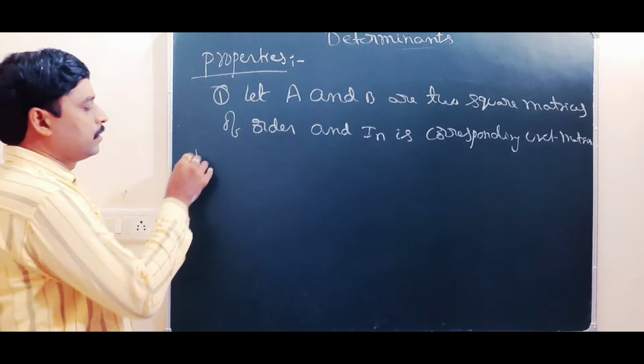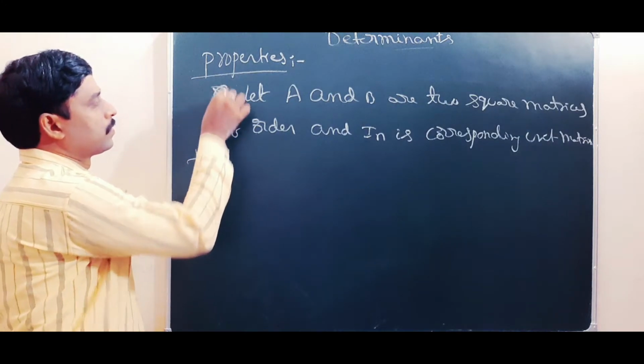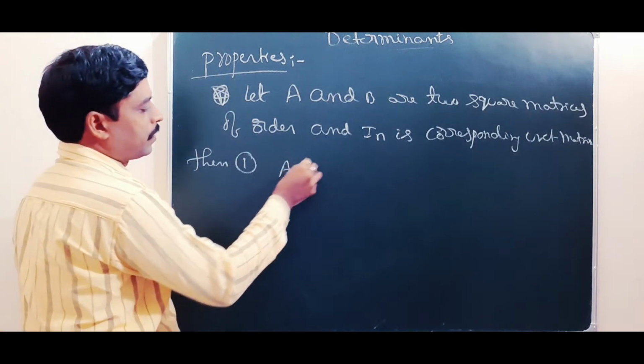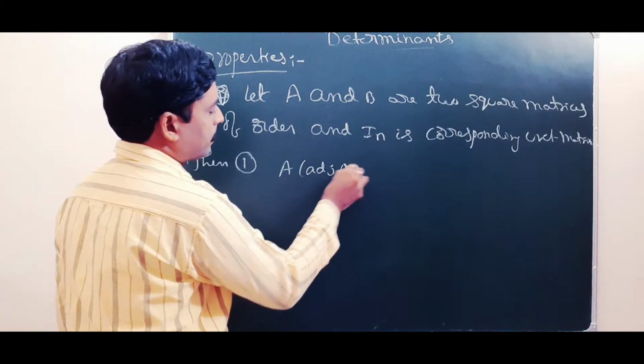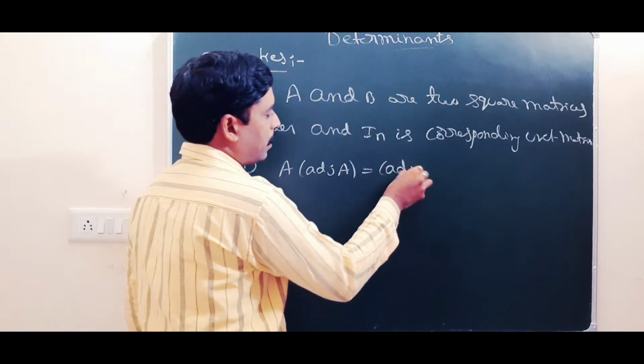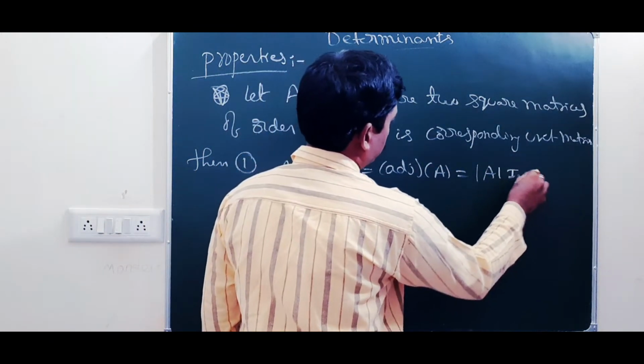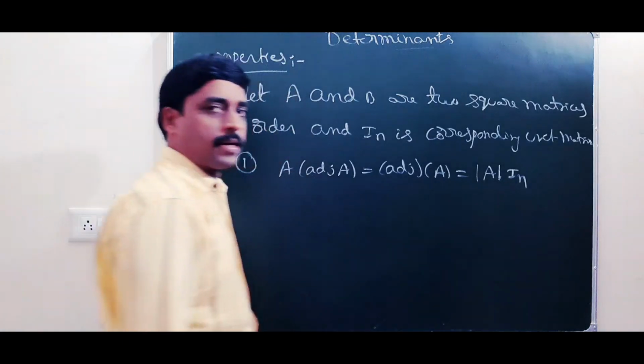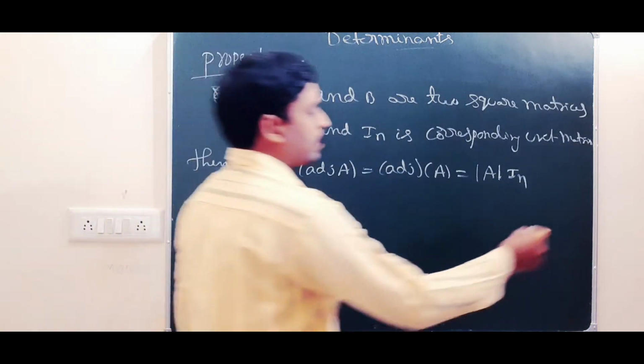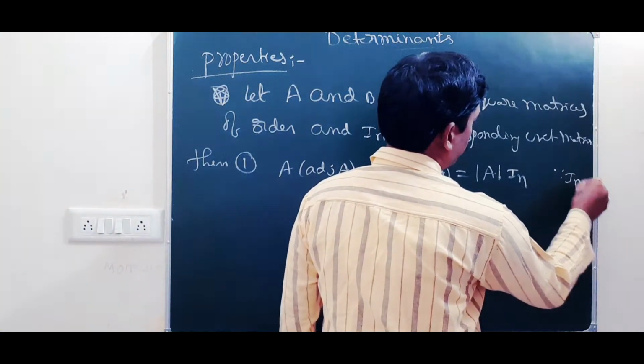Then the first property: A into adjoint A is equal to adjoint A into A is equal to det A into In, the det A times the unit matrix. Here In is the n by n unit matrix.